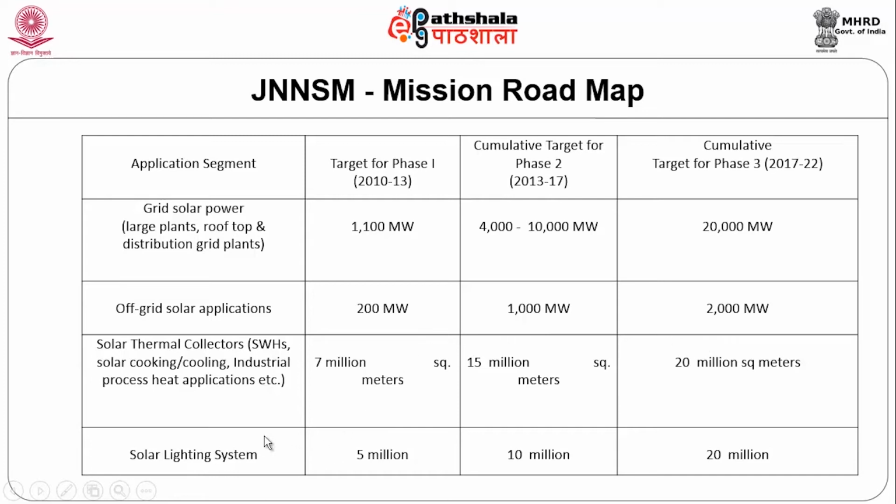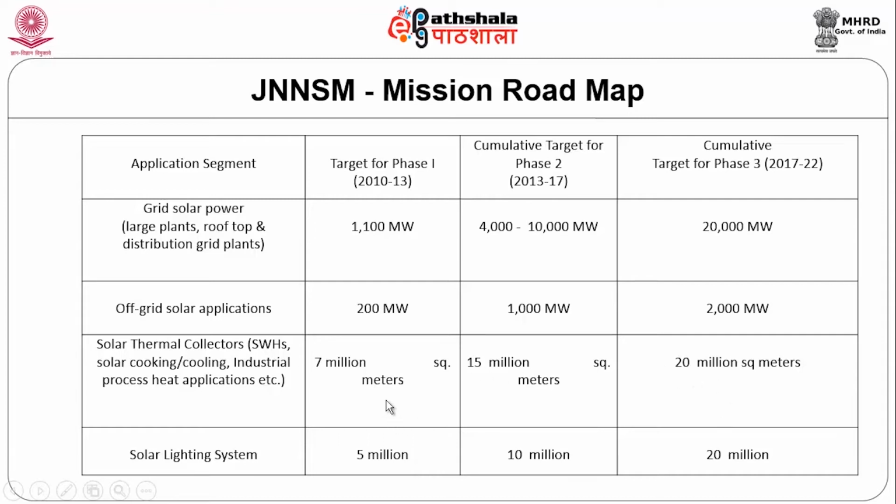And solar thermal, like solar water heating systems, solar cookers, cooling purposes and industrial process heat applications: 3 million square meter collector area was targeted, from 13 to 17 15 million square meters are targeted, and 20 million square meters is targeted for the year 2022.